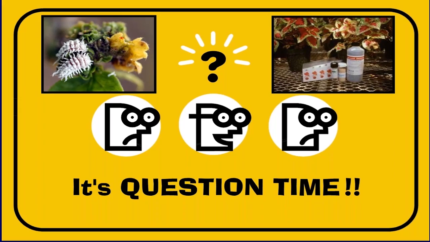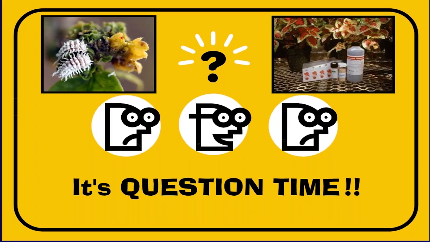A question about compatibility: are all biological agents compatible with each other? That's a great question, and it really would be a webinar by itself. But we do know that some of the biologicals out there are not compatible. You can't use them together because one of them will eat the other one.